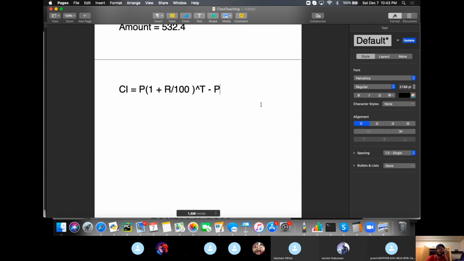So let's try a simple problem. Let's say Ram keeps 2,400 rupees in the bank for 5 years.